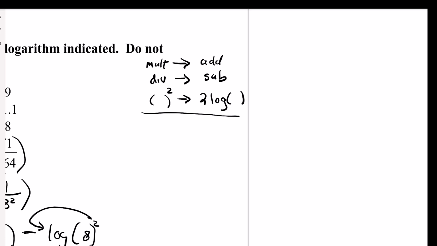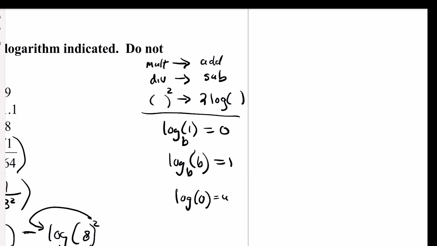Okay, what I didn't tell you is log of any base of 1 is equal to 0, and log of any base of the argument the same is equal to 1. And log of 0 is undefined. So log of any base, of 1, is equal to 0. Log where the base number and the argument number is the same, that equals 1.